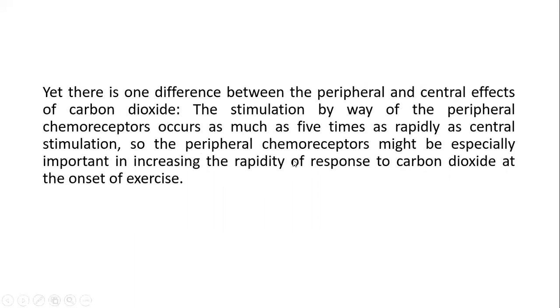So, the peripheral chemoreceptors might be especially important in increasing the rapidity of response to carbon dioxide at the onset of exercise. إذا تأثير CO2 والهيدروجين هو أضعف بالبريفرال chemoreceptors مقارنة بالـ respiratory center، لكنه الإفكت مالته يكون أسرع، more rapid than the central effect.